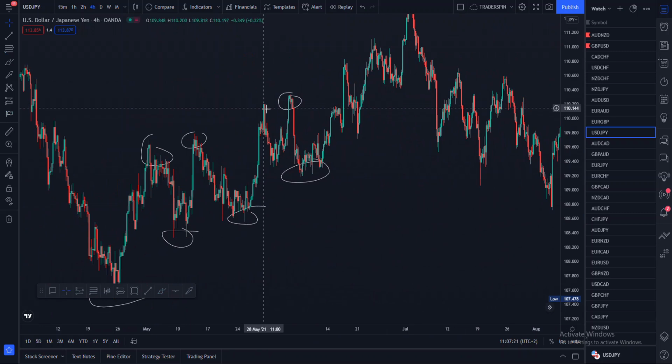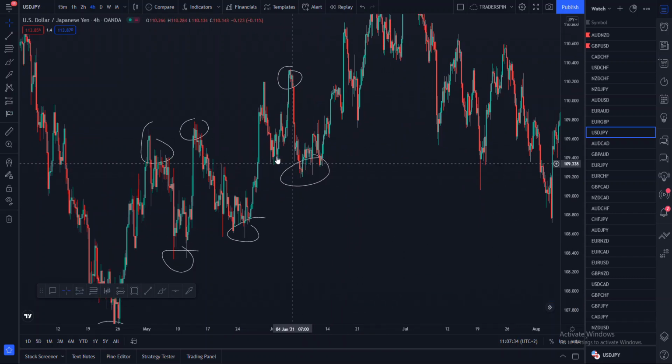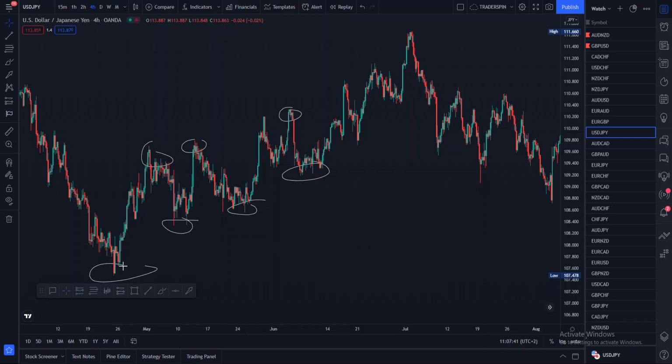This is not going to be your high, because you can see that price then created a new lower low here, right? So that is your low, right? So you can see that that one was actually damaged, right? And yeah, let's proceed.